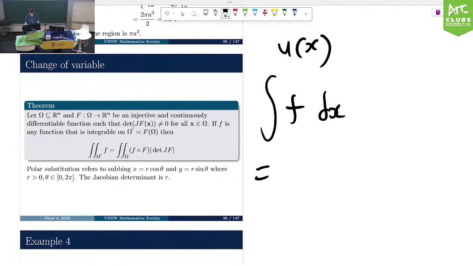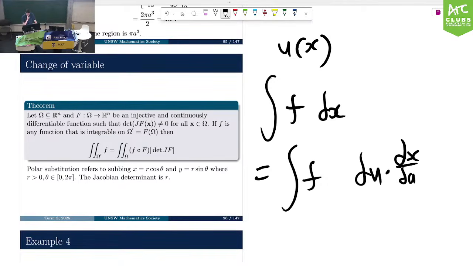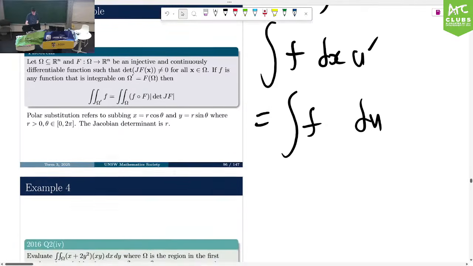That would be equal to the integral of f du times, what do we have to put? We have to put dx over du, because we have to make it back to that dx. So this would be 1 over u dash. Or in other words, you could have u dash on the other side. Okay, if that is good.